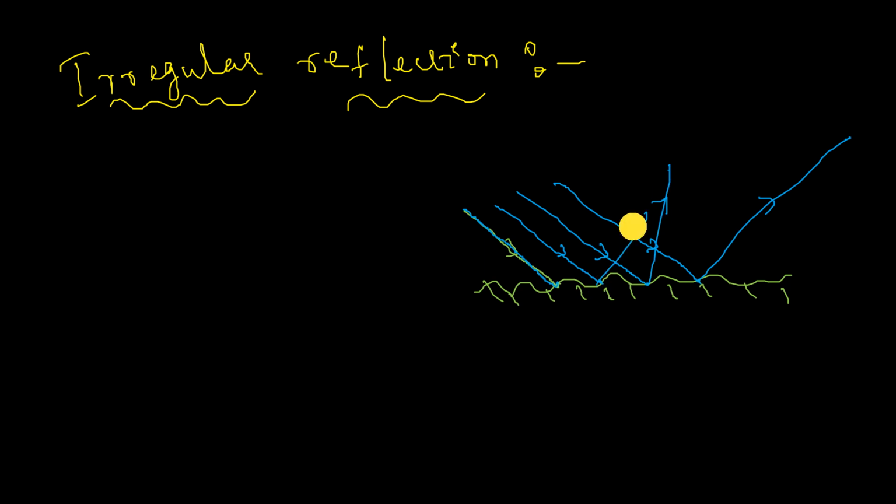Here the incident beam is parallel, but the reflected beam is not parallel. That is called irregular reflection or diffused reflection. Irregular reflection takes place on a rough surface. This is about irregular reflection.